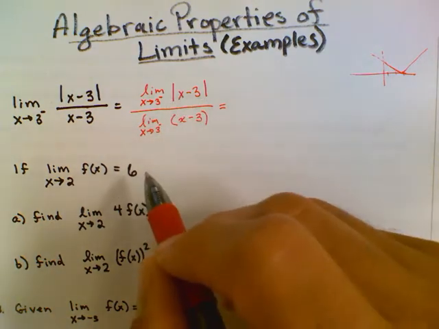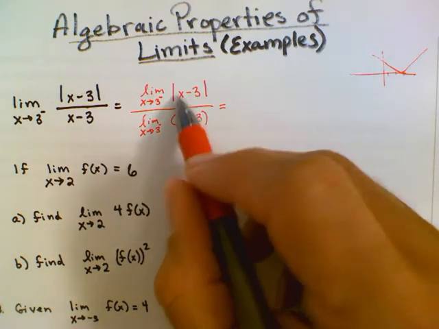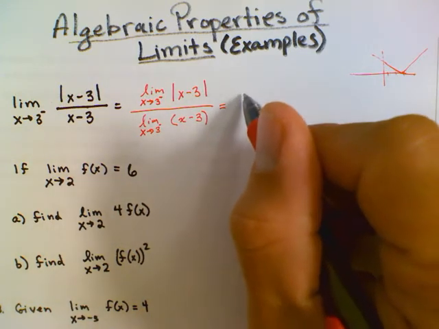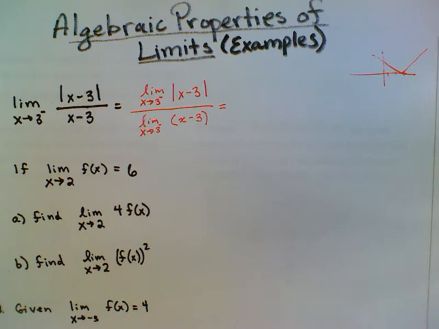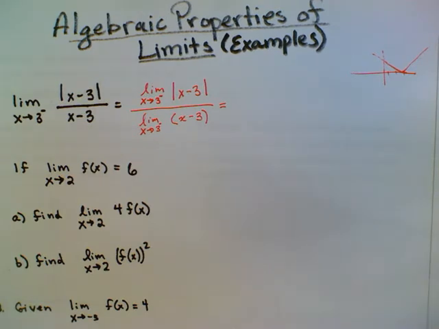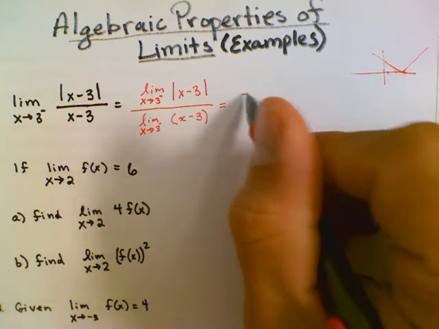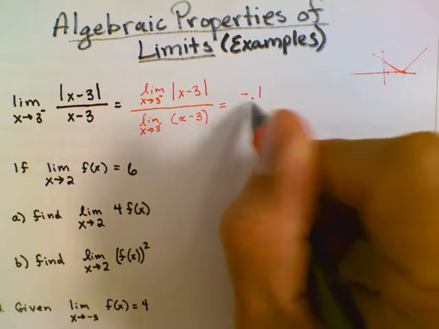So if we put in 2.9 in the top, we would get something like negative 0.1, right?